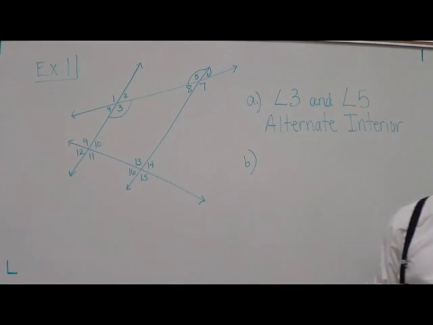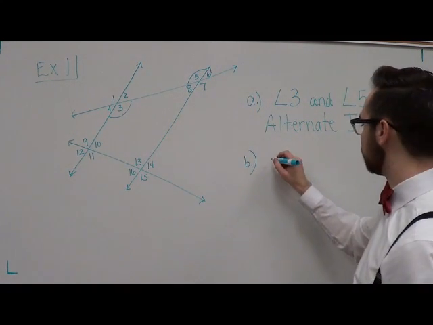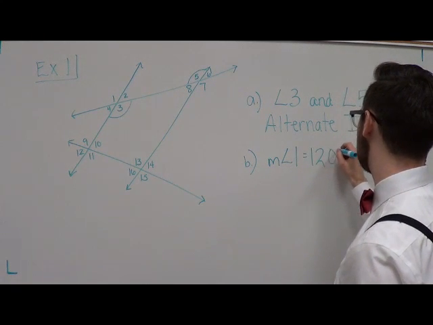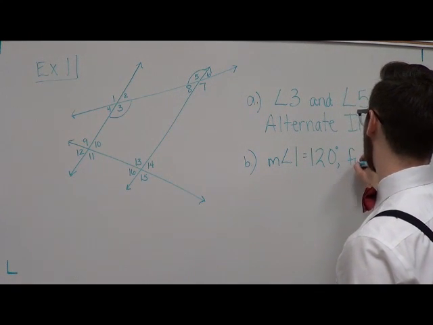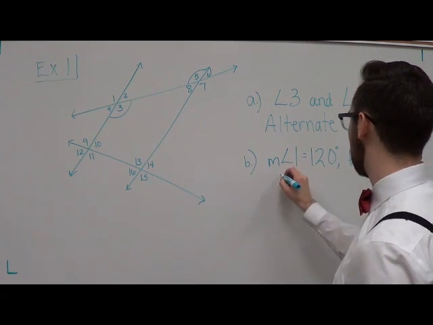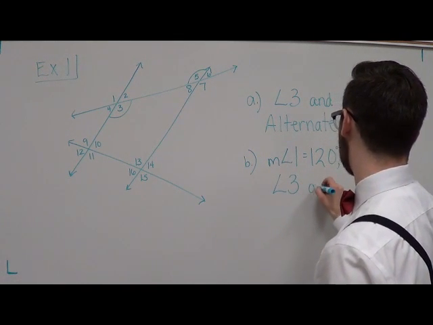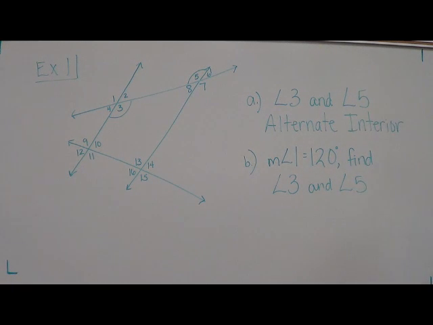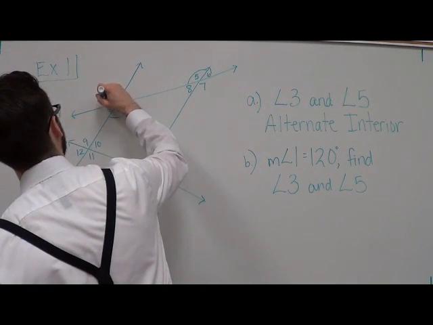Okay? So if I tell you the measure of angle 1 is 120 degrees, find angle 3 and angle 5. If number 1 is 120 degrees, so now we know this is 120 degrees.